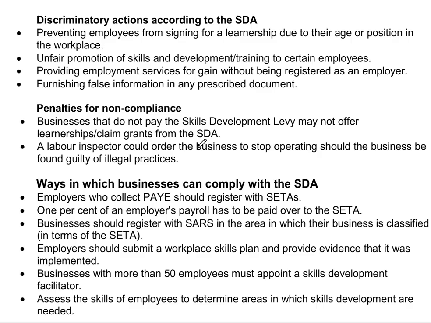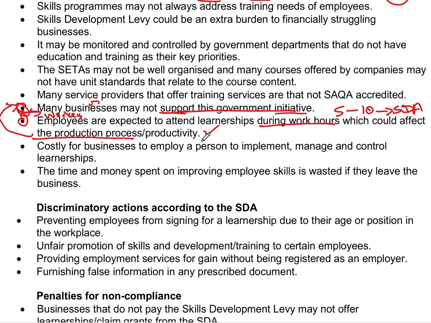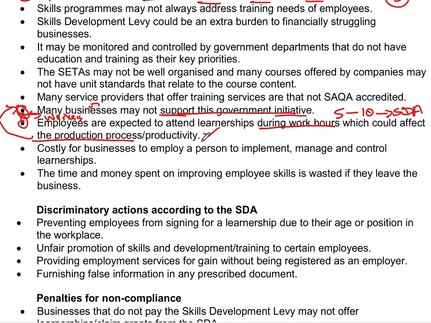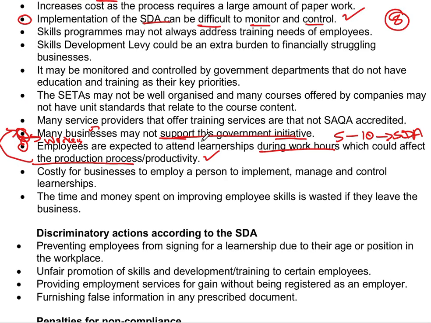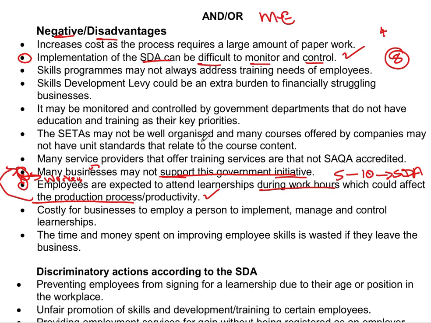Sir, I want to ask about the last point that's explained. You want to ask about the one that says employees are expected to attend learnership during work hours? Yes, please, sir. Or should I explain it?